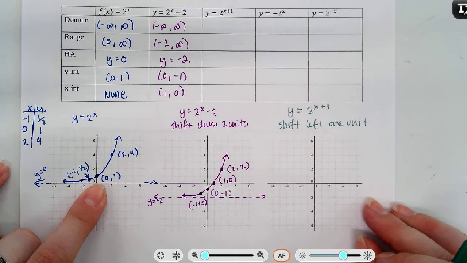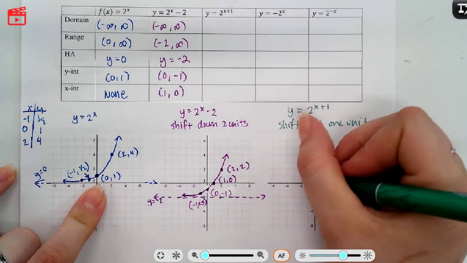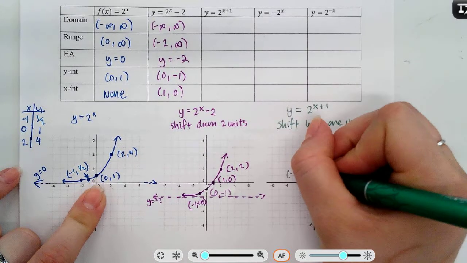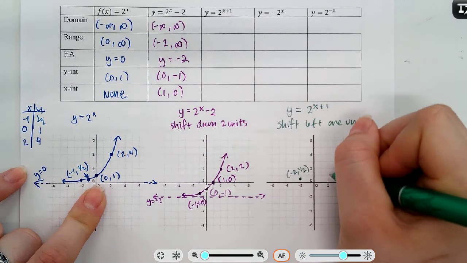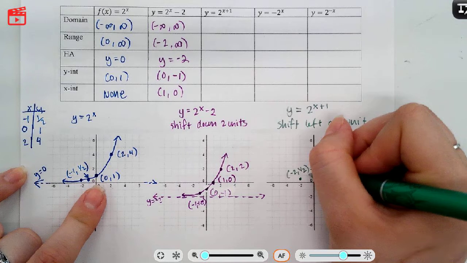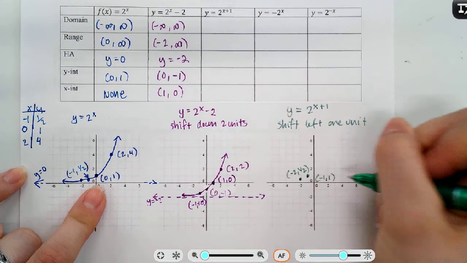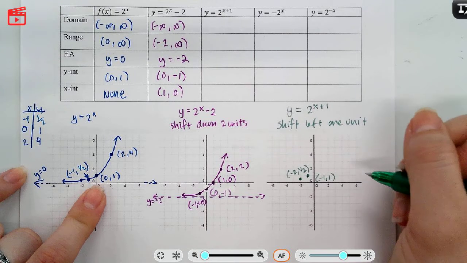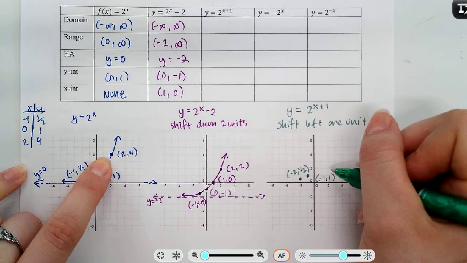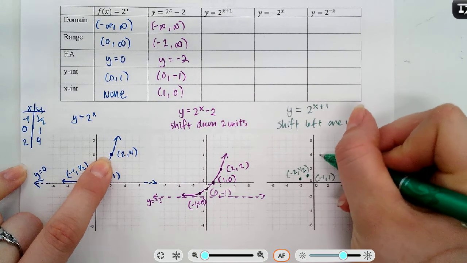Let's see, so that's going to be (-2, 1/2). One, that's going to be (-1, 1). And then that over 1 is going to be (1, 4).